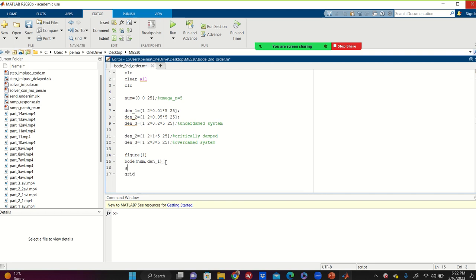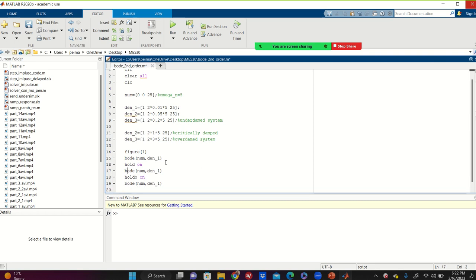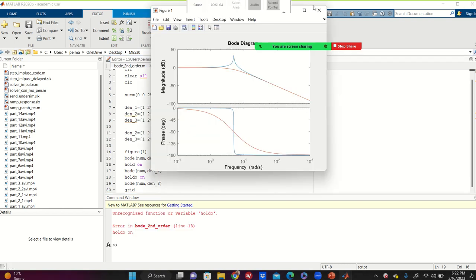So I'm gonna say, hold on, then 2, then 3. Okay. Look at here, guys. Exactly what I did for plotting the step input, you're gonna see for the Bode plot.